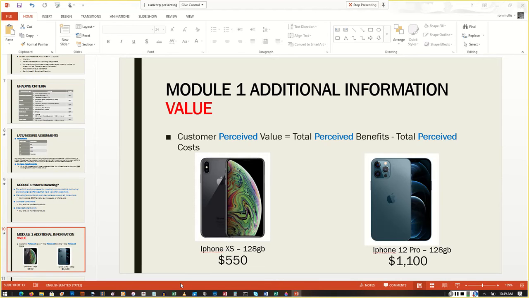An example of this would be Apple when they introduce their new products, their new iPhone, for example. When Apple releases a new product, they hold a big Apple event where they unveil the new product that's coming out.